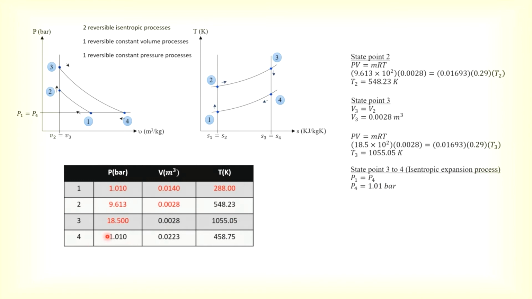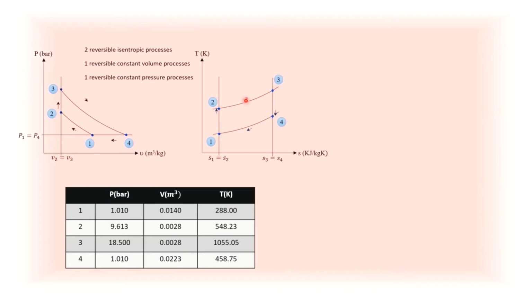P1 equals P4, as you can see in the diagram. So based on the isentropic process, you can take the relationship between pressure and volume. P4 we also got, and gamma is 1.4, so you will be able to find your V4.